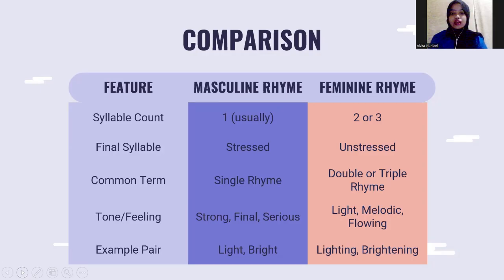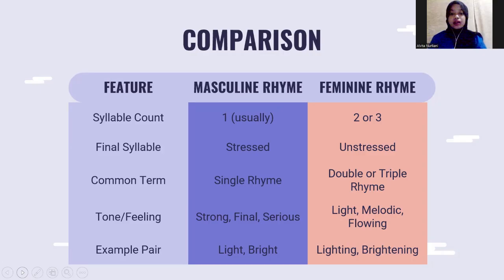The common term for masculine rhyme is single rhyme, and feminine rhyme has double or triple rhyme. The tone and feeling are also different in these two rhymes. Masculine rhyme has a strong, final, and serious tone, while feminine has a light, melodic, and flowing tone.